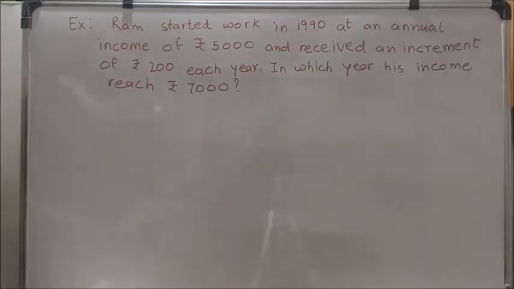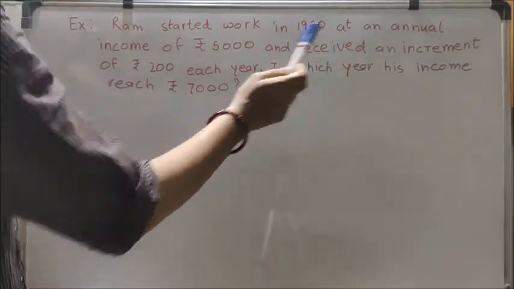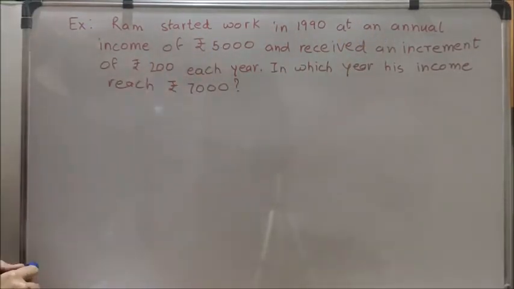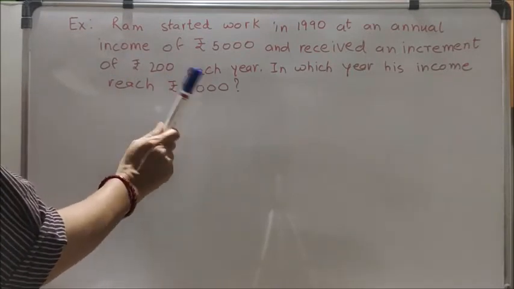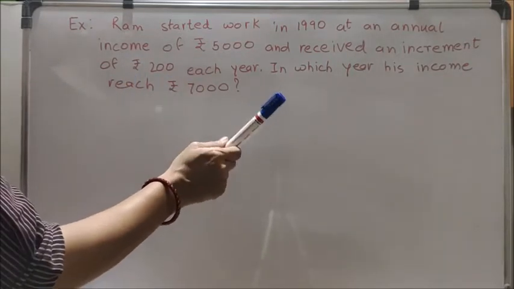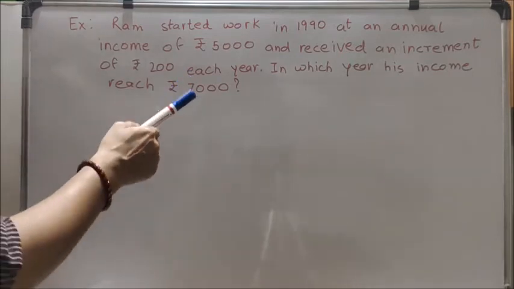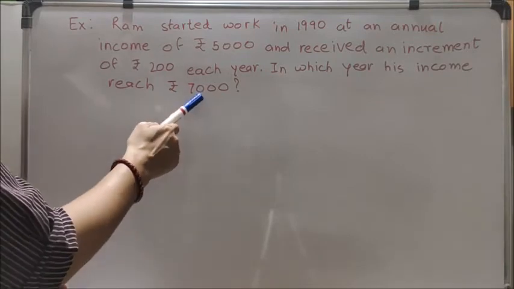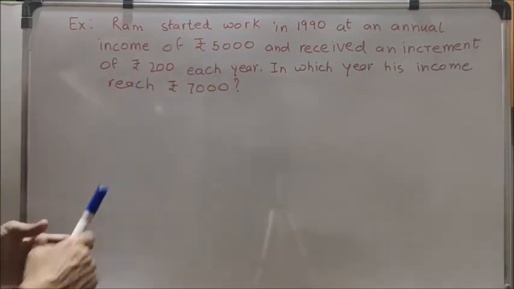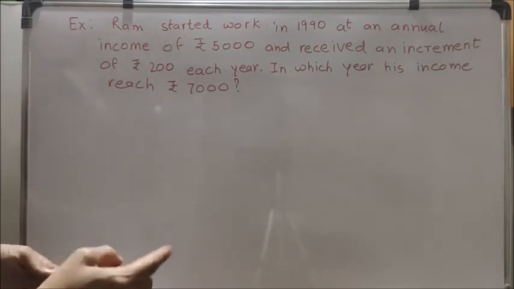So, here is our question. Ram started work in 1990 at an annual income of Rs 5,000 and received an increment of Rs 200 each year. In which year his income reached 7,000? So first you will have to find out how many years it took him to reach from 5,000 to 7,000. Now how many years means N, right?